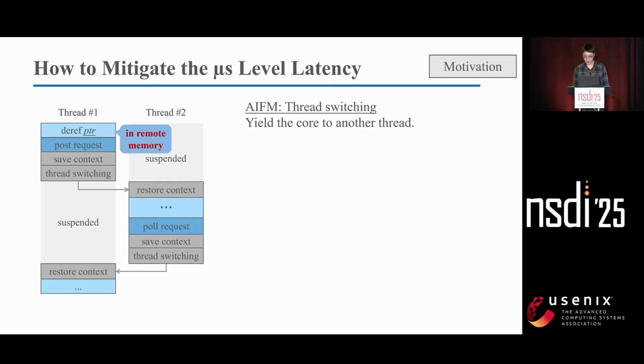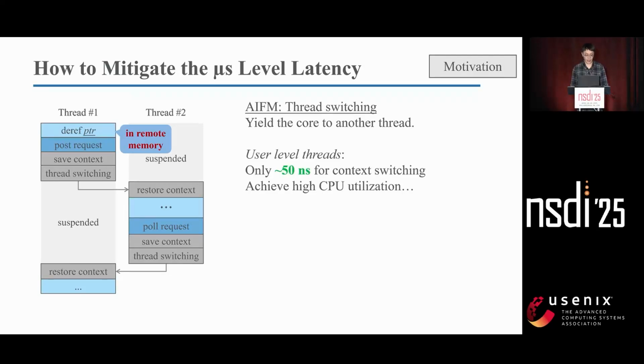To improve CPU utilization, the state-of-the-art system, AIFM, switches thread after issuing a remote access request. By using user-level threads, only about 50 nanoseconds is the cost of context switching, and this achieves high CPU utilization. But at what cost?